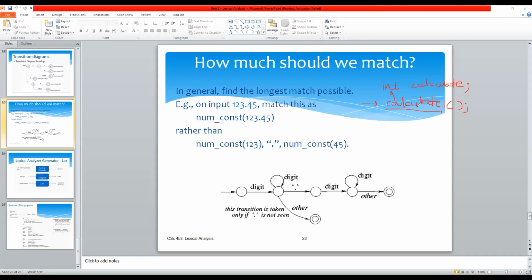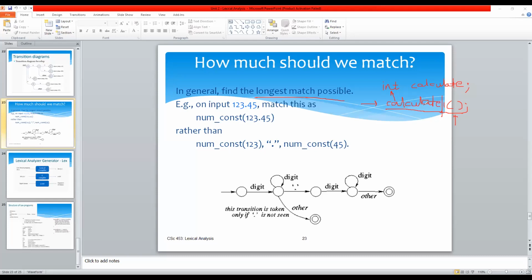No. So for that, what I should do is go with the longest match possible. If I continue matching further and find the opening and closing brackets, then I will realize that yes, it is a function call because opening and closing brackets are involved. If I had stopped scanning here, I would definitely have got a token, and no error would have been generated. But I may not get the proper output as per my requirement.